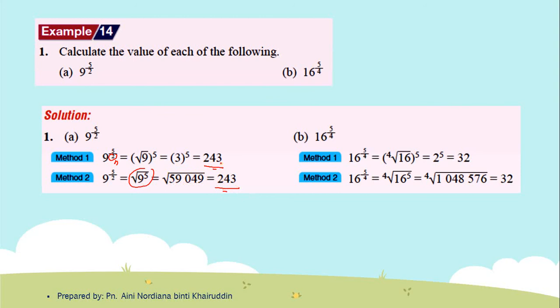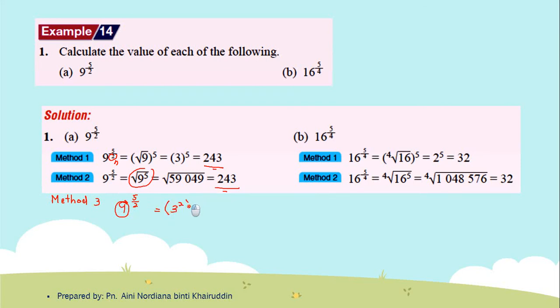Or I have my own method. Let me add here method 3. Okay, 9 to the power of 5 over 2. First, I convert 9 here to 3 square. 3 square is equal to 9.